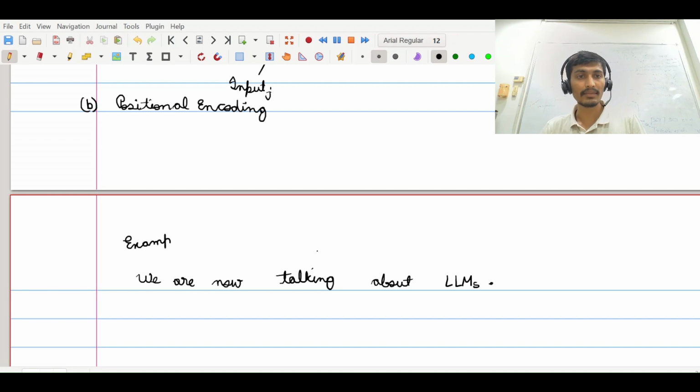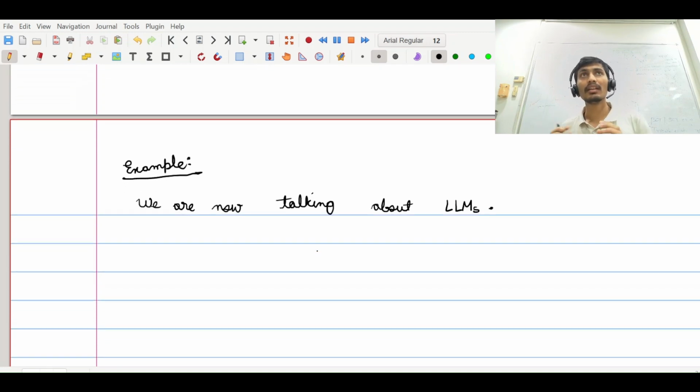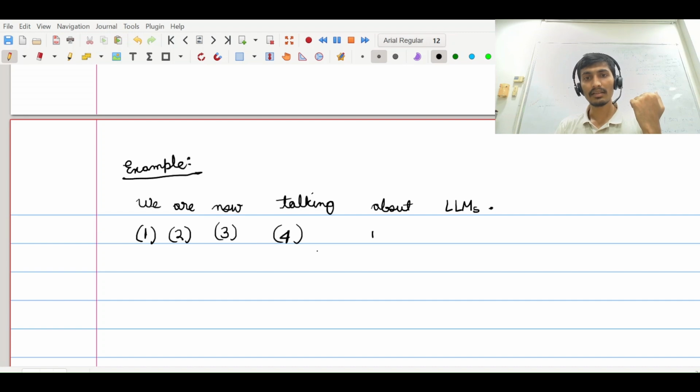This is a sentence, and corresponding to each token we had the embedding vector, and now we also want to inject the information about the position. It could be as simple as, this is the first position, this is the second position, the third, the fourth, the fifth, the sixth, and for the end of sentence, this is the seventh position. It could be as simple as that.